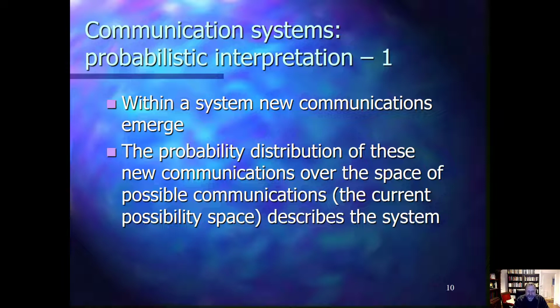You may say that over the range of communications, you have a probability distribution, which tells you how likely, how possible it is that one of these communications will be the next communication. Now, having these probability distributions over the space of possible communications effectively describes the system.